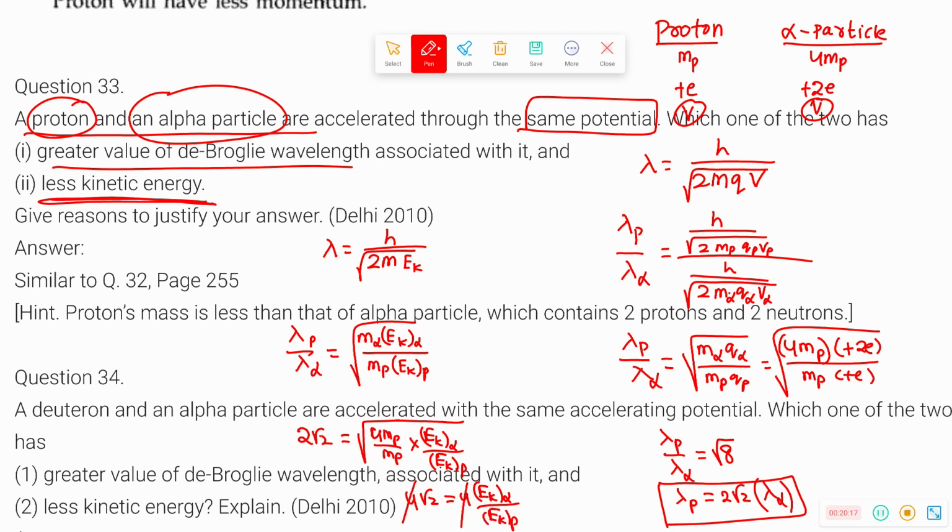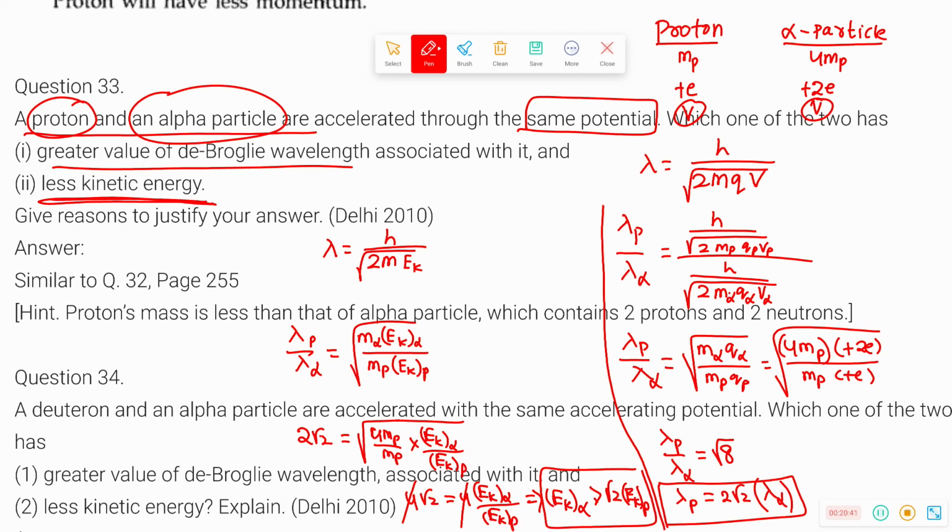Now 4 cancels. What you are getting from here is that kinetic energy of alpha is greater than root 2 times kinetic energy of proton. Yes or no?